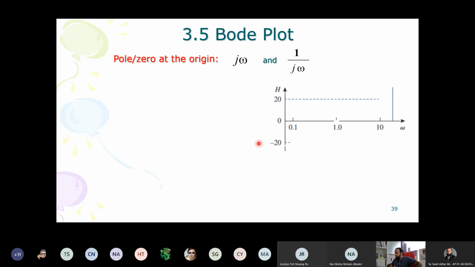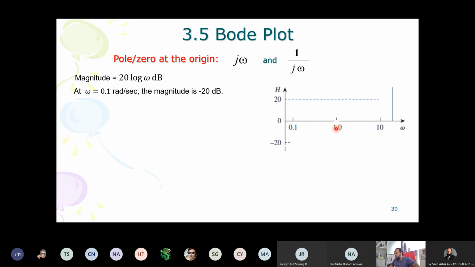All right. For a pole or a zero at origin, let's consider the zero first, j omega. So we'll be taking 20 log omega. It is again for all frequencies, and we know for sure that log of 1 is 0. So we have a starting point to plot it. If we take omega 1, the magnitude is 0. Then we go 1 decade earlier and 1 decade after.